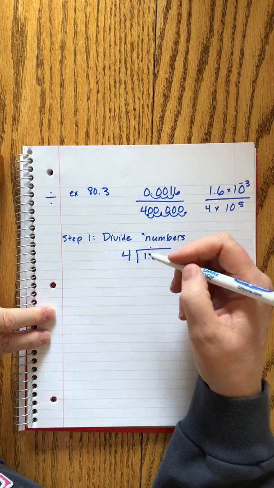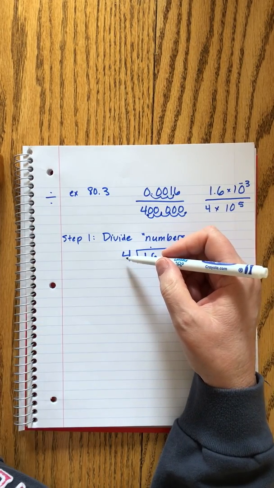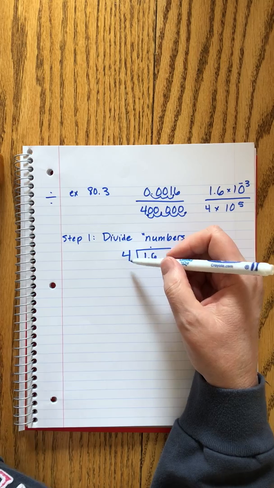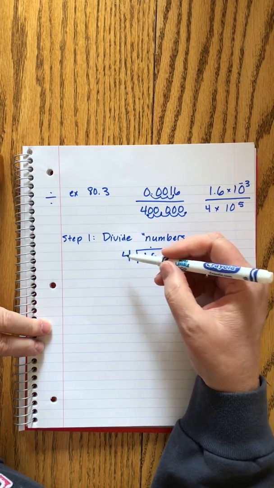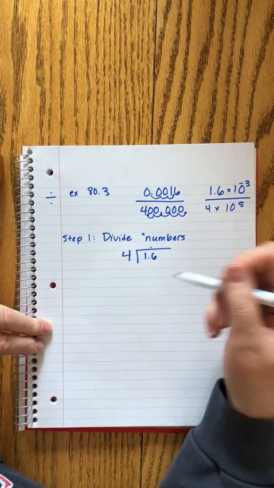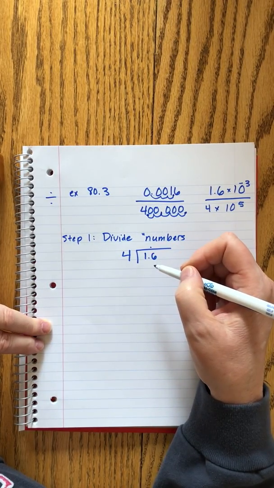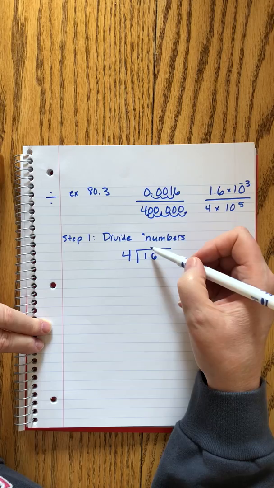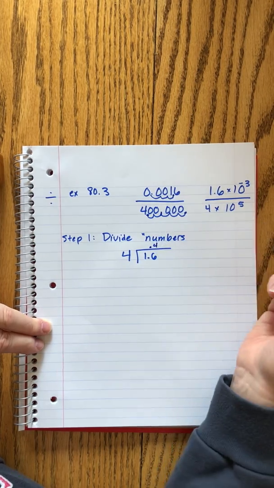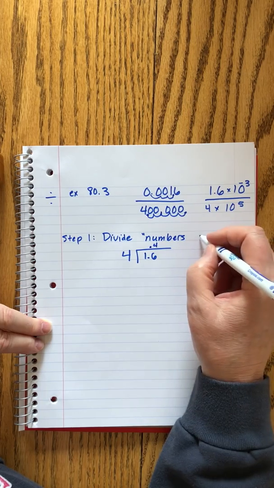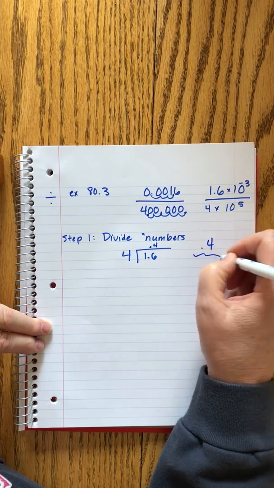Now, you might be able to do this in your head. I'm always super duper careful because of decimals. I know 16 divided by 4, 4 times 4 is 16. That's easy. But it's getting the decimal in the right place that can be a real heartache. So I do it this way so I can really look at what I'm doing. I put a 4 up here. I feel better. So now my answer is 0.4.